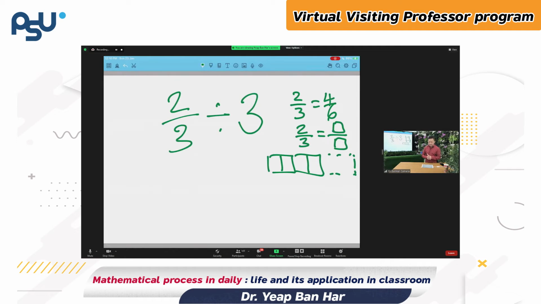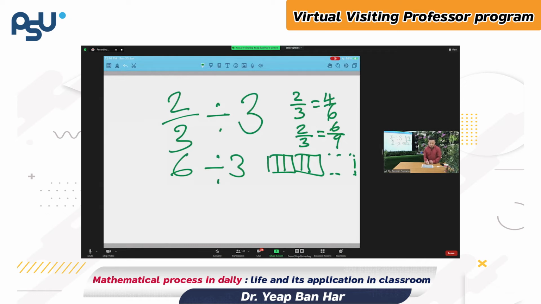And many students will say, well, if I get the 2 to become 6, maybe it's okay. Because 6 shared by 3, that's all right. So I need to know 2/3 is 6/9.